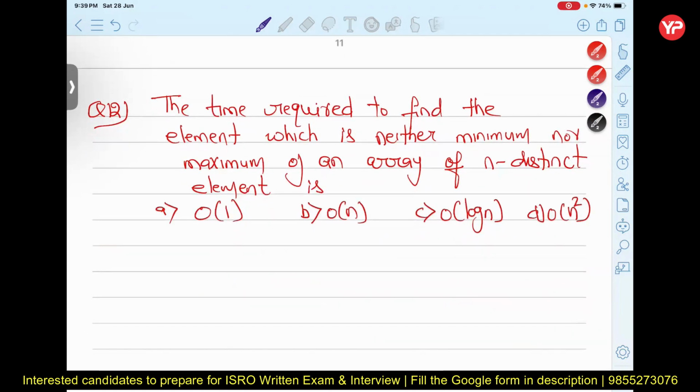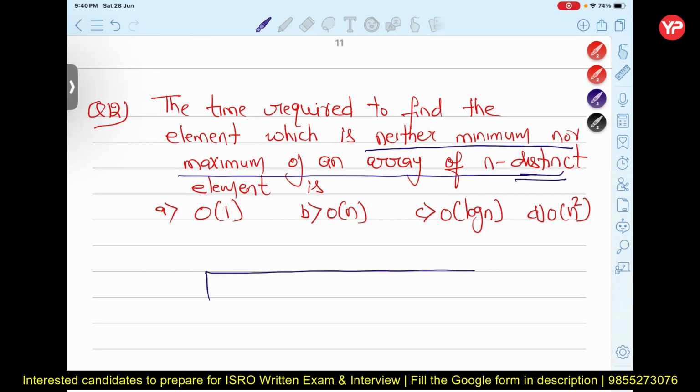The time required to find the element which is neither minimum nor maximum of an array of n distinct elements. Fine. We have an array. Is it sorted? No. So we need to find an element which is neither minimum nor maximum. Let's take an example.